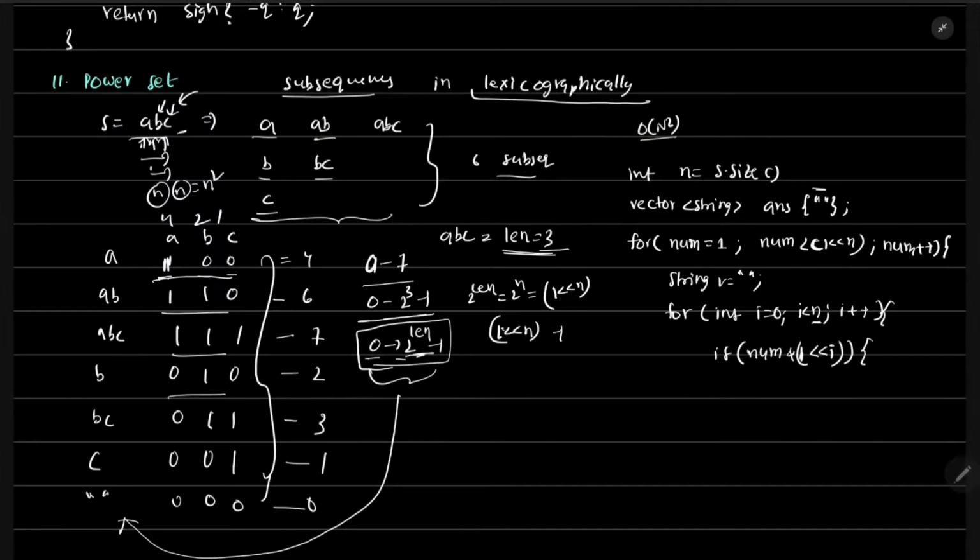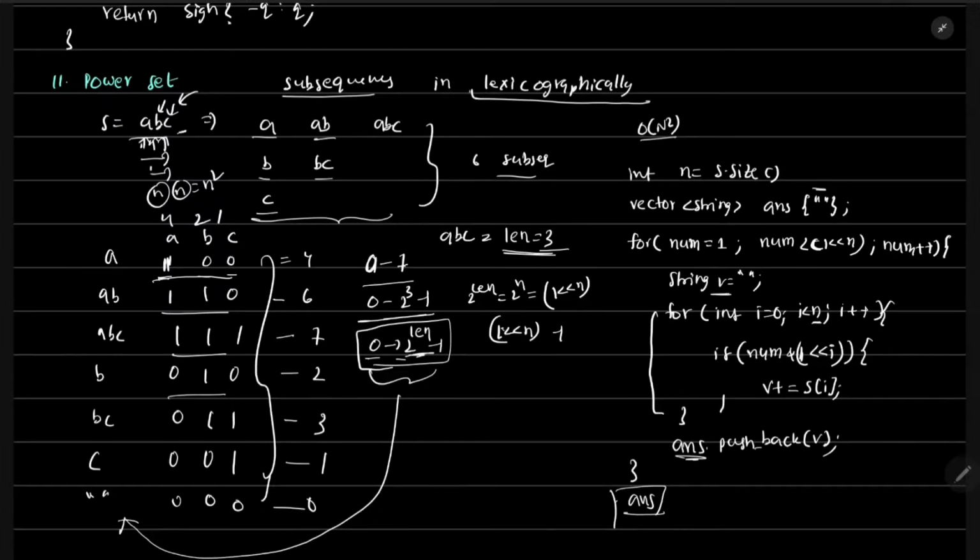If it is 1, then what I have to do? I will add this to our subsequence, right? Now after this for loop is done, we'll have our subsequence ready. I will push that subsequence to our answer, right? Like this.